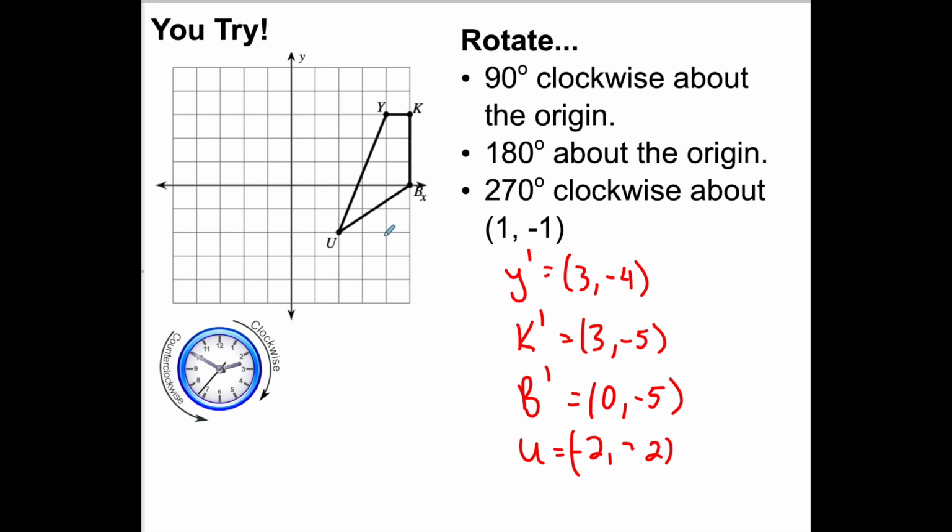You've got the flipping and all those kinds of rules there. So Y prime is 3, -4. K prime is 3, -5. B prime is 0, -5. And U prime is -2, -2.